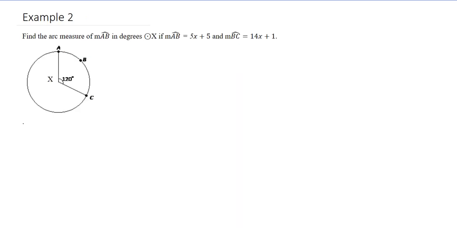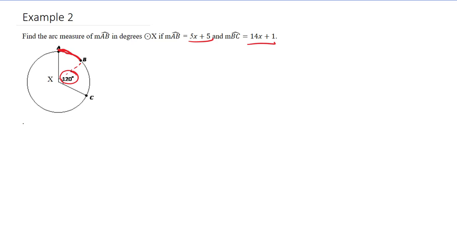Example 2: find the arc measure of AB in degrees of the circle X if the arc measure of AB is equal to 5x plus 5 and the arc measure of BC is 14x plus 1. So we are looking for the arc measure in terms of degrees, but what we're given is an expression, 5x plus 5, and 14x plus 1.